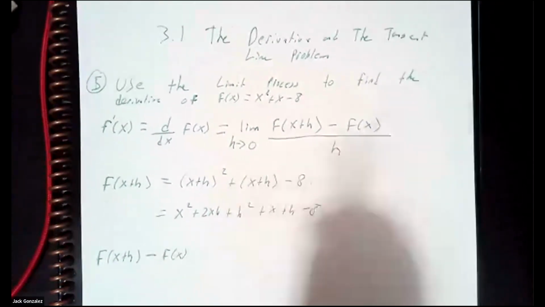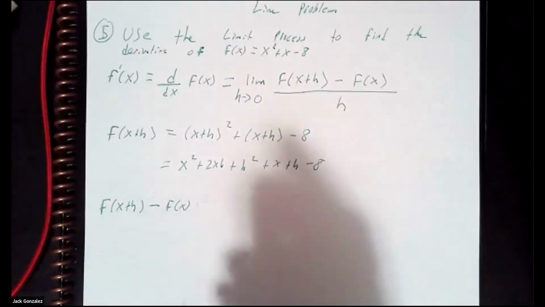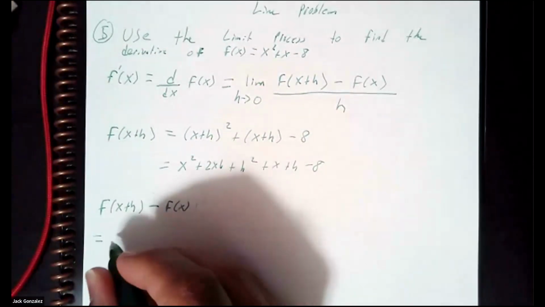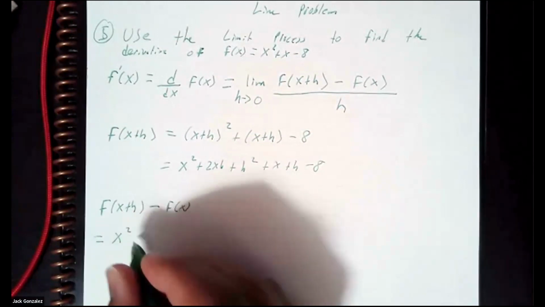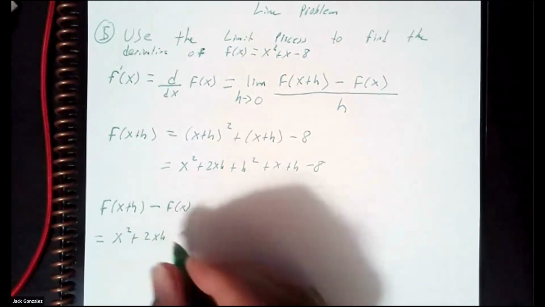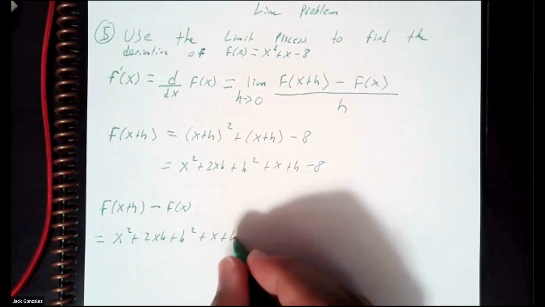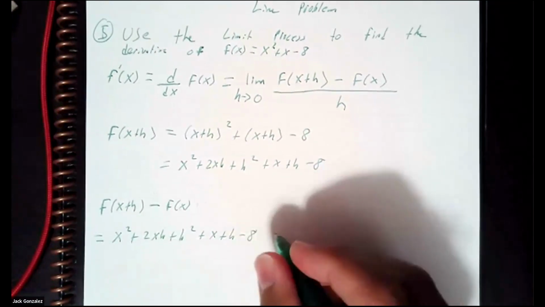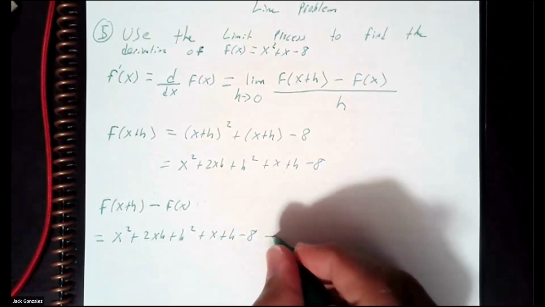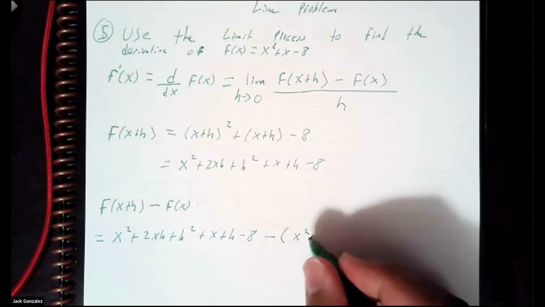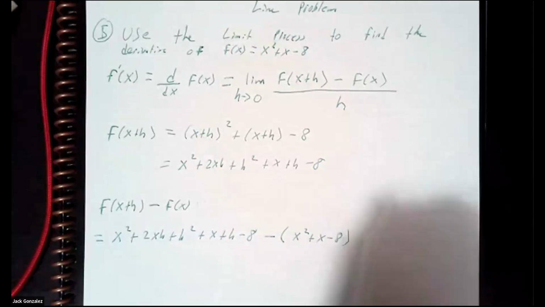This will be x squared plus 2xh plus h squared plus x plus h minus 8, minus the original.